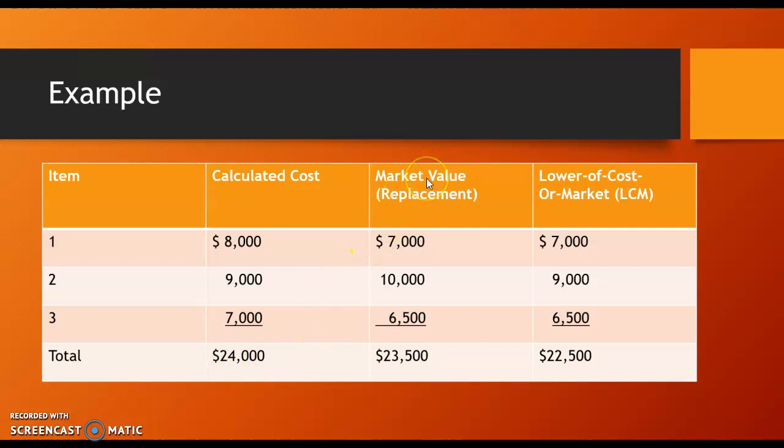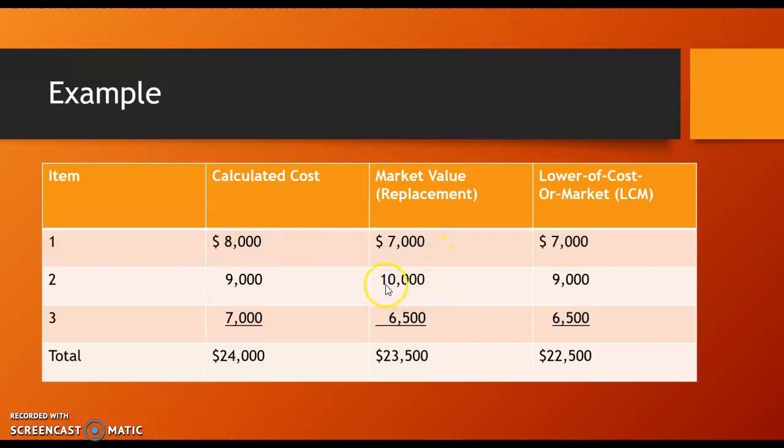Now we're going to have to take a look and calculate out the market value of all the categories, not just the ones that have a problem, okay, all of them. So the first is $7,000, so the cost of replacing that inventory is actually lower than what we're saying it cost.